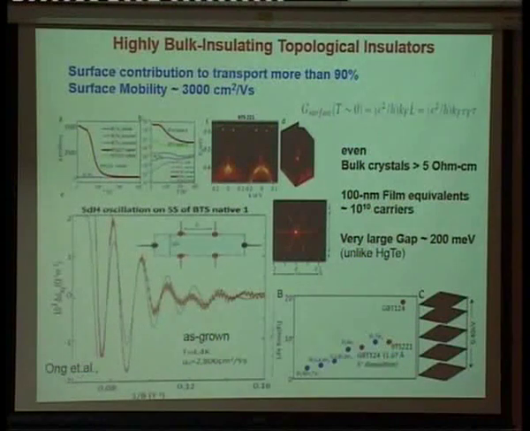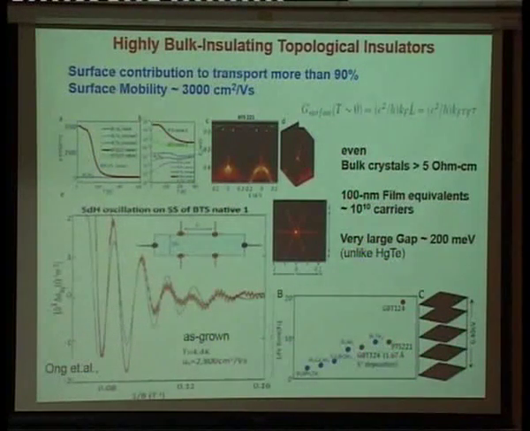Yes, surface mobility. But if you look at the carrier density, consider Molenkamp, who is using a 100 nanometer film. If you make a 100 nanometer film out of these materials, you actually get fewer carriers in principle, if you just take the carrier density and scale it.